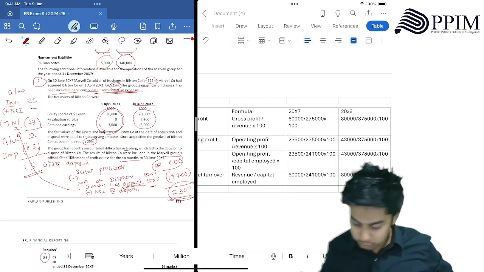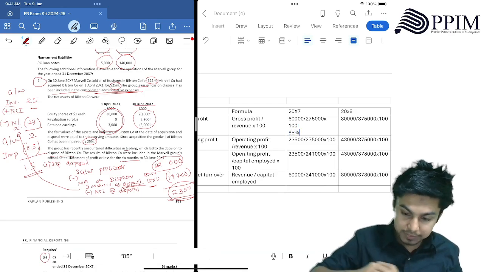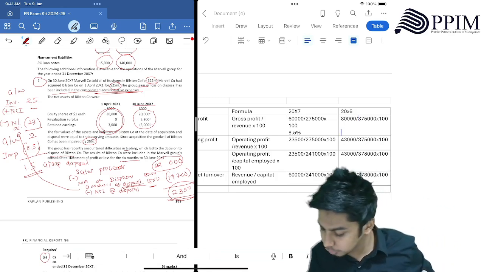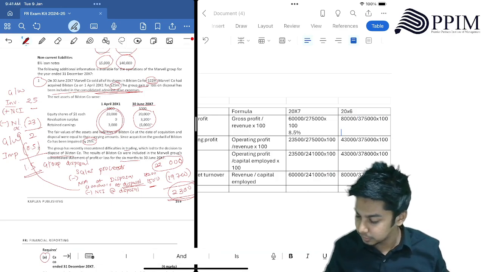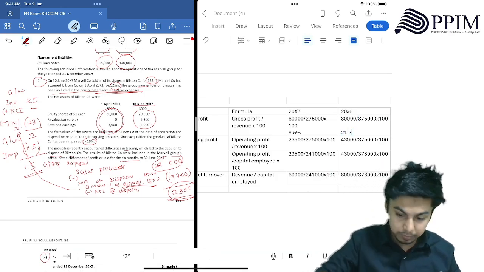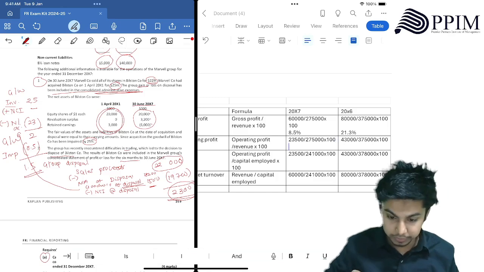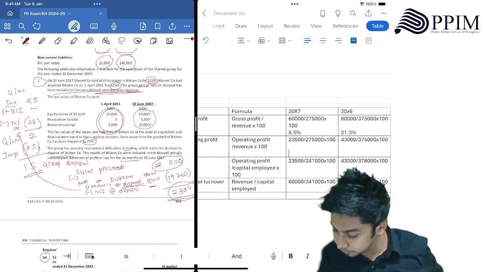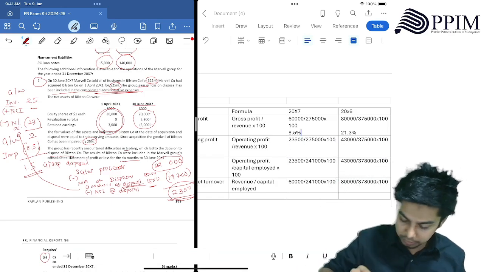So first one, guys, gross profit, it shows 8.5%. Whereas over here we have the other one, 21.3%. Sorry, guys, gross profit is, I think, 21.8%.